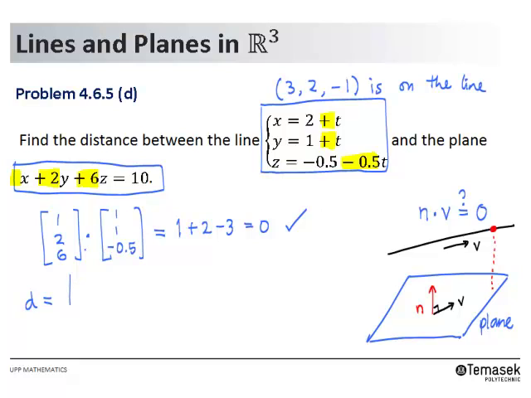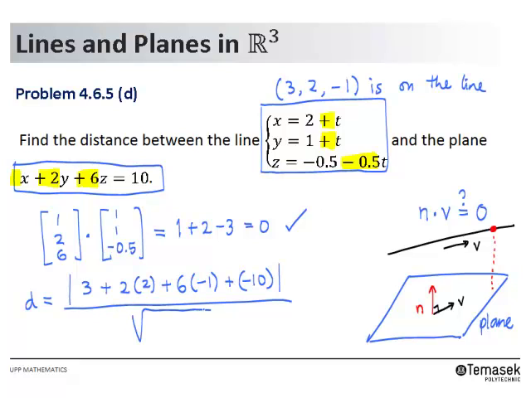D equals the absolute value of 1 times 3 plus 2 times 2 plus 6 times negative 1 plus negative 10, divided by the norm of the normal vector, which is given by the square root of 1 squared plus 2 squared plus 6 squared. This gives us 9 over square root 41, or approximately 1.4056 units.